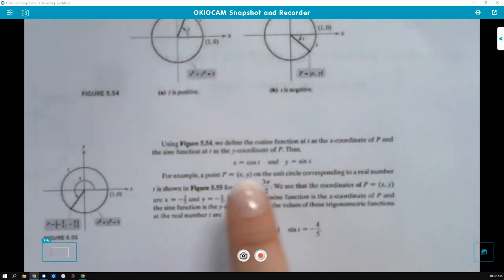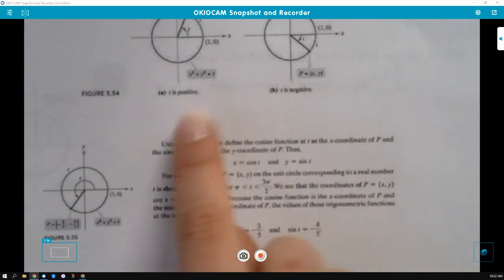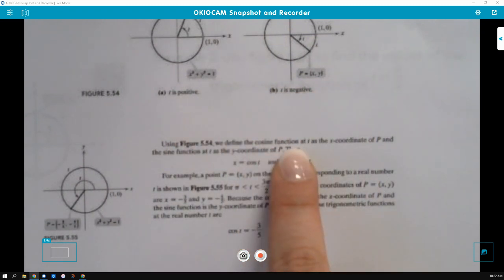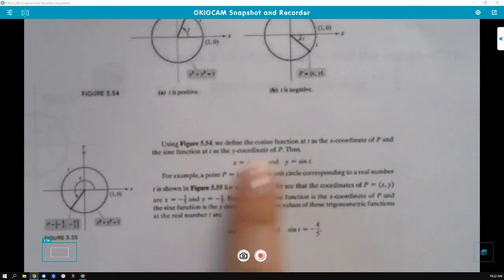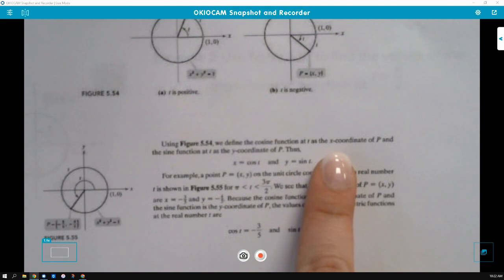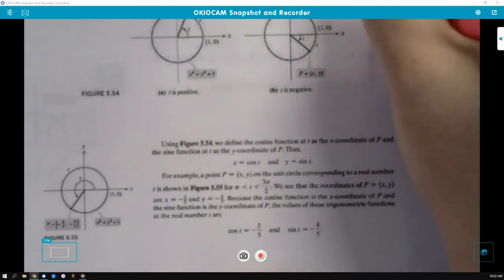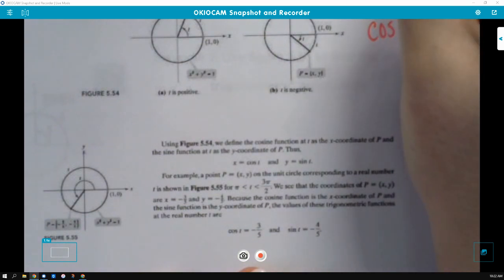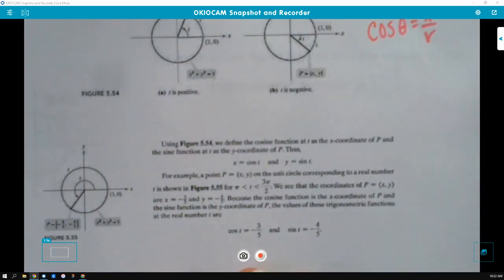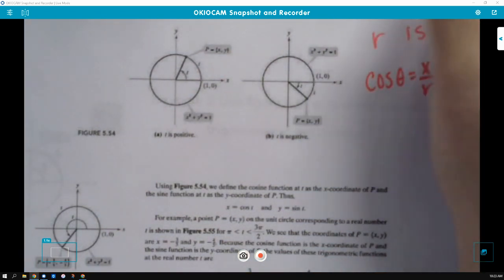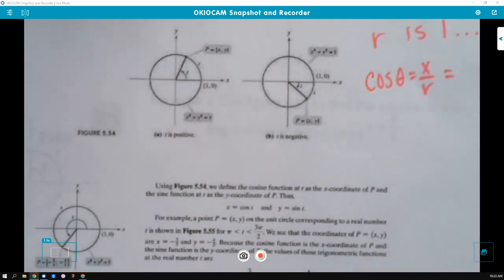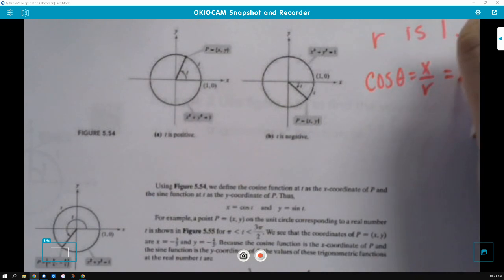So down here, using this figure, we can define the cosine function of t as the x coordinate. So cosine is still x. And the reason why is because it's x over r. My r is always 1 now. So cosine of theta is x over r, but since r always equals 1, therefore cosine of theta is just x.